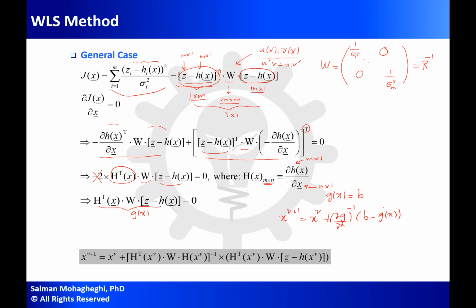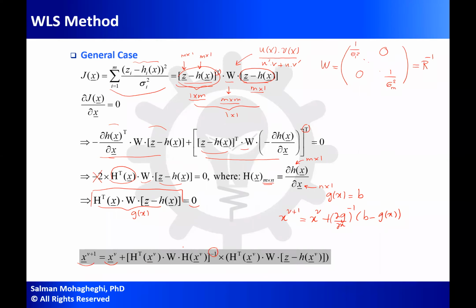This is the same equation, except that in this case, b equals 0. So my iterative equation becomes x at iteration nu plus 1 is equal to x at iteration nu plus the derivative of this guy with respect to x, which becomes (H transpose W H) inverse, times b, which is 0, minus g of x, which again is this function.